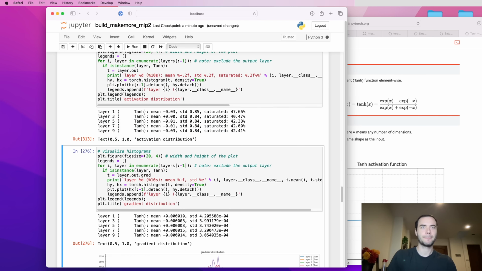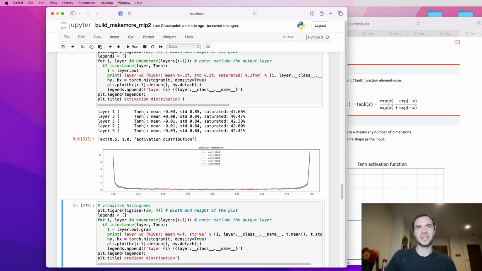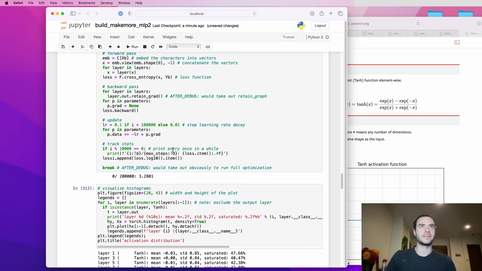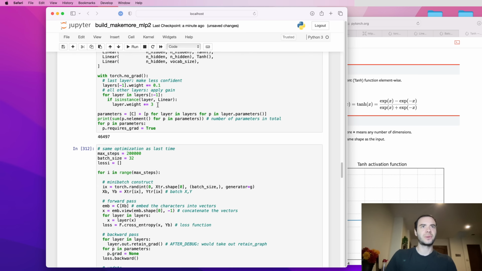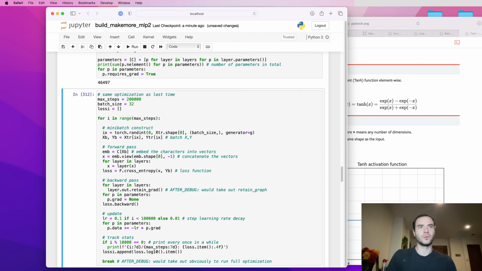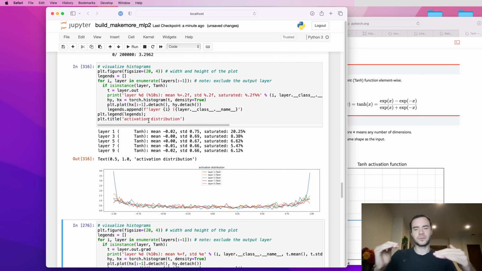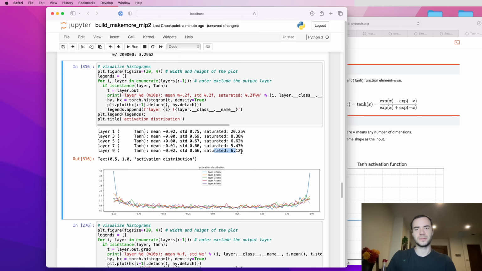Let's try 3. Okay, so we see here that the saturations are trying to be way too large. So 3 would create way too saturated activations. So 5/3 is a good setting for a sandwich of linear layers with tanh activations, and it roughly stabilizes the standard deviation at a reasonable point.